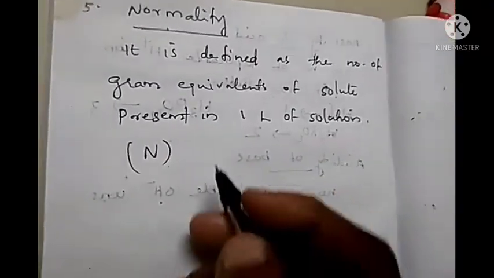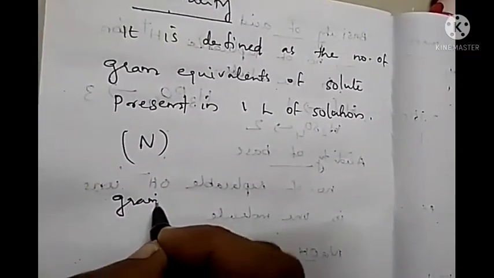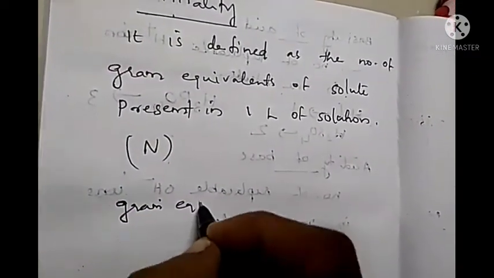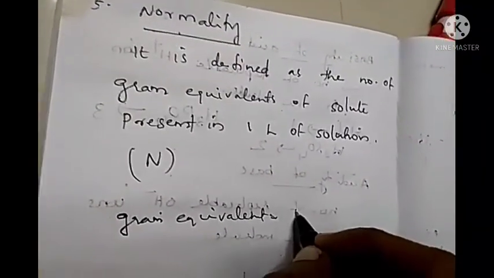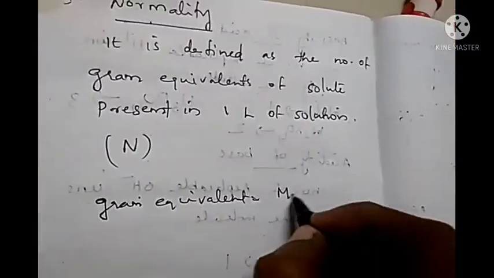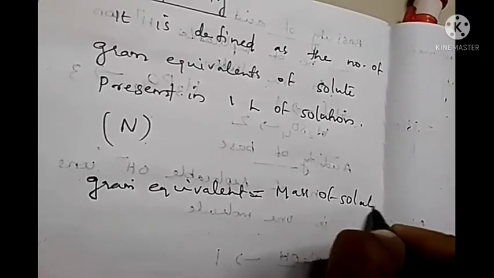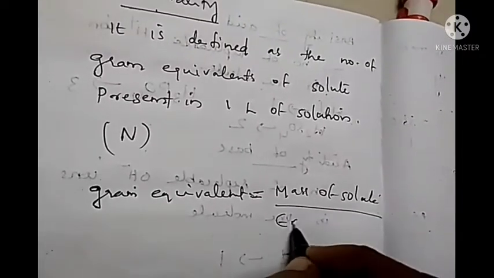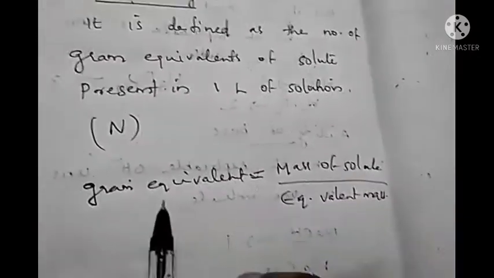Okay, now what are gram equivalents? Gram equivalents is equal to the mass of the solute divided by equivalent mass, just as we studied number of moles.